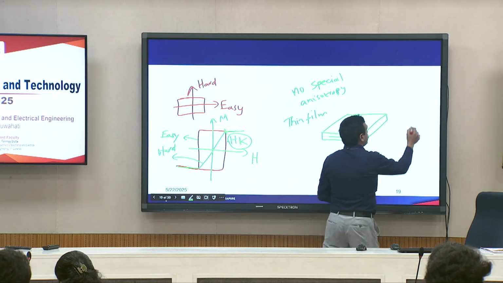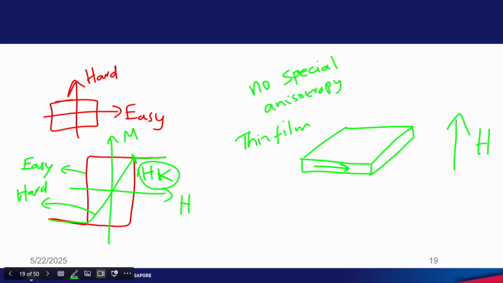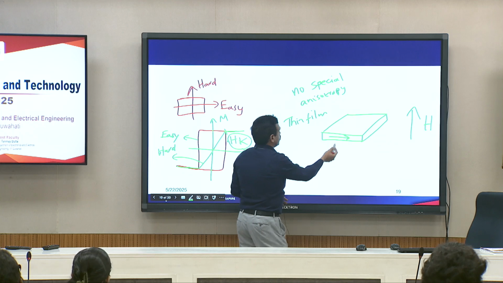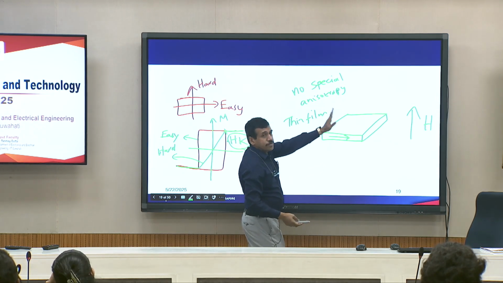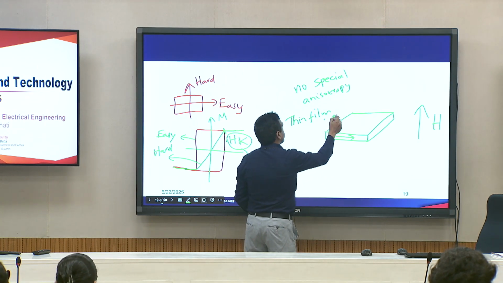Suppose I apply a magnetic field in the perpendicular direction. How much magnetic field do I need to make this magnetization rotate to the perpendicular direction?